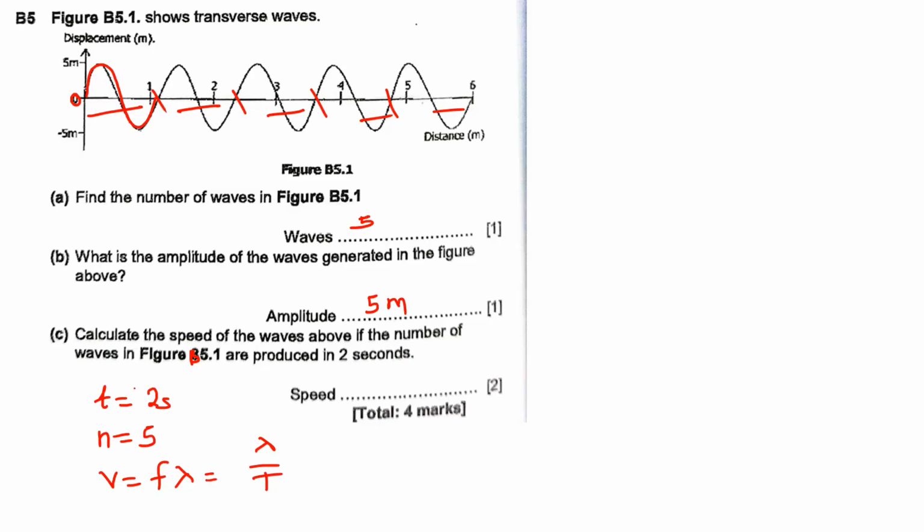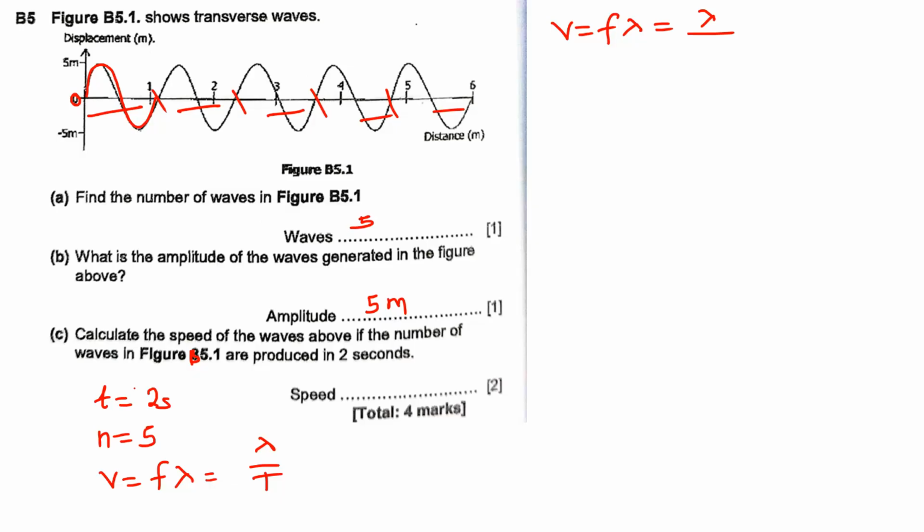So let us have a look at question C. What do we need for us to find speed? From what is given there, what you are given is the time taken and the number of waves.